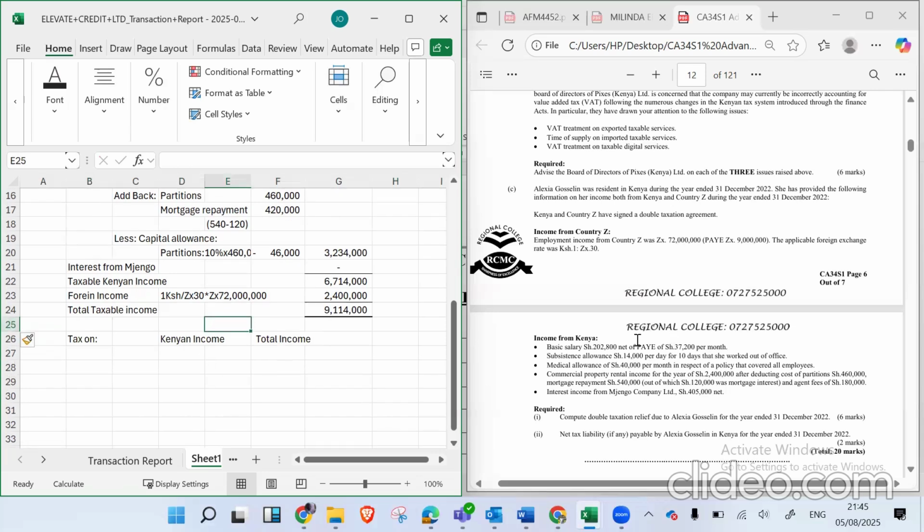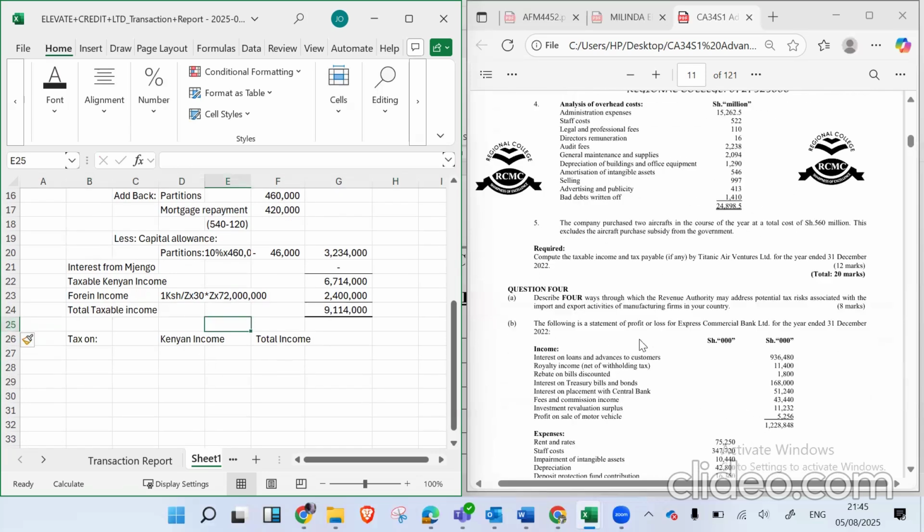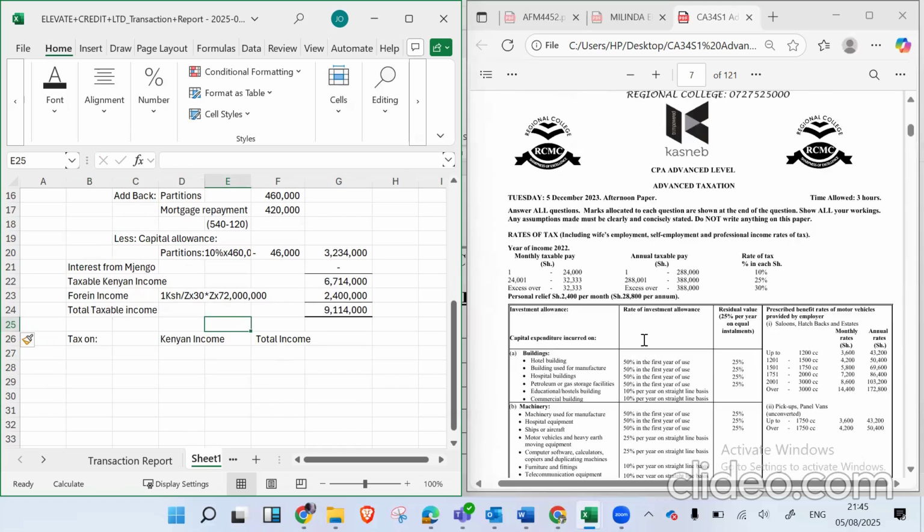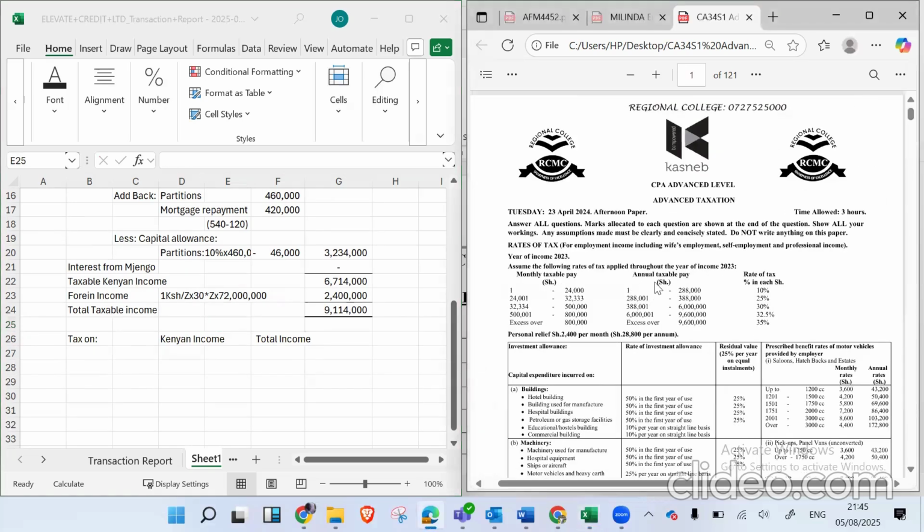And we now go to, this is an individual, so we tax graduated scale rate. Graduated scale rate iko kwa leakage. Let's use the one that we shall use in the exam. So out of the 9.1 million, remember Kenyan income is 6.7, ingine 9.1. So out of the 9.1 million, we tax in bits.